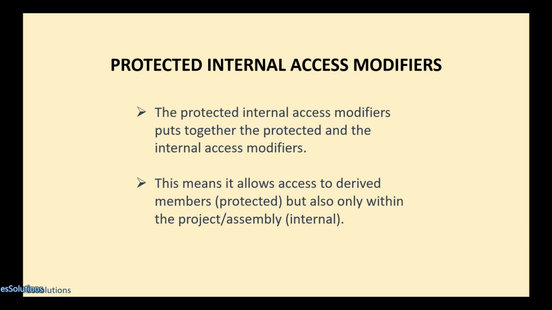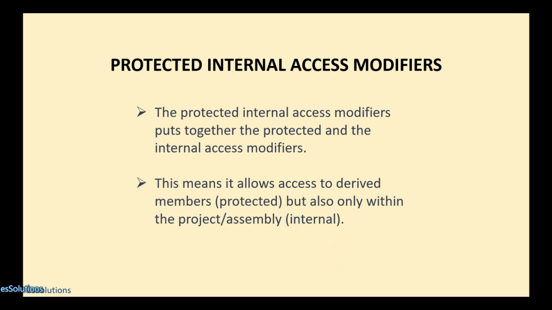So it allows access to derived members, that is what protected is for, but also within the project or assembly. So if you are deriving from it or you are within the same assembly, it gives you access.